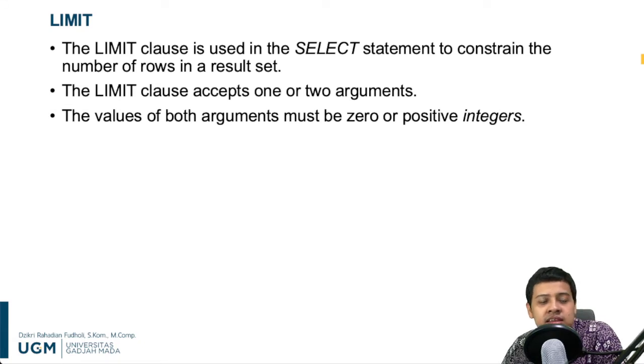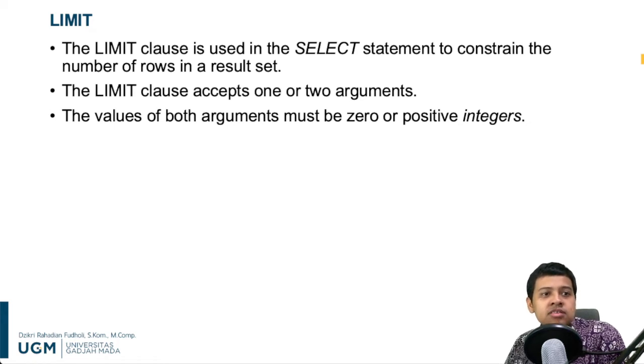Then the next one is LIMIT. The LIMIT clause is used in the SELECT statement to constrain the number of rows in a result set. So if we just want to get the first 10, then we use LIMIT, just like in the last video when we talked about DELETE. The LIMIT for SELECT is also just like this one.